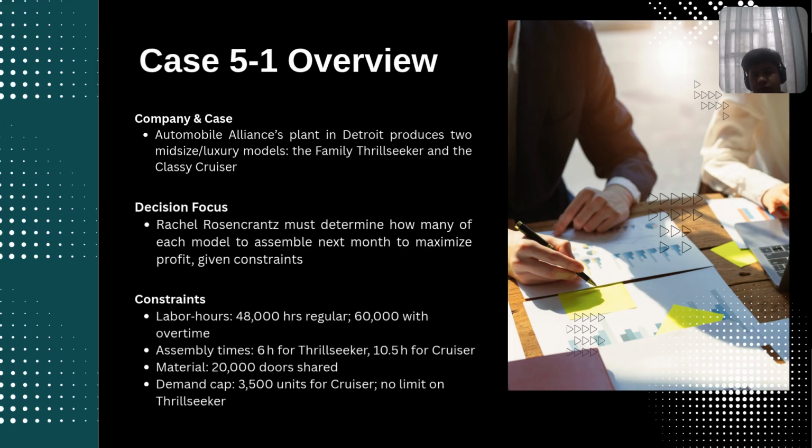These constraints include limited labor hours, 48,000 normally with a max of 60,000 if overtime is allowed. There is also a shared material limit of 20,000 doors on top of that. Demand is capped for the cruiser at 3,500 units, while the Thrill Seeker has no demand limit. So our goal is to figure out the most profitable combination of the two models within these limits.